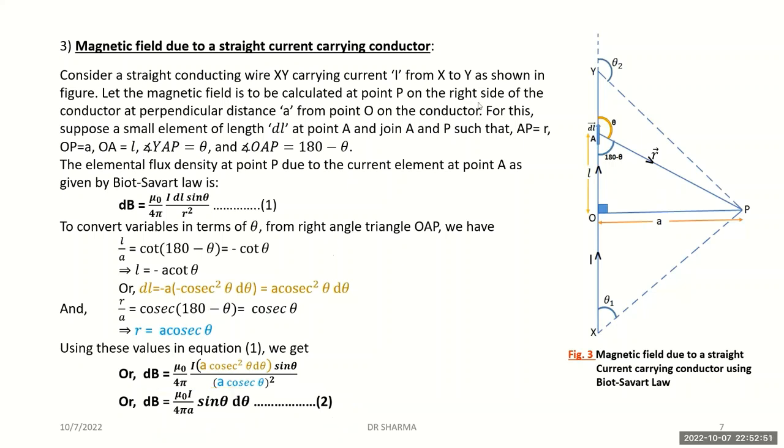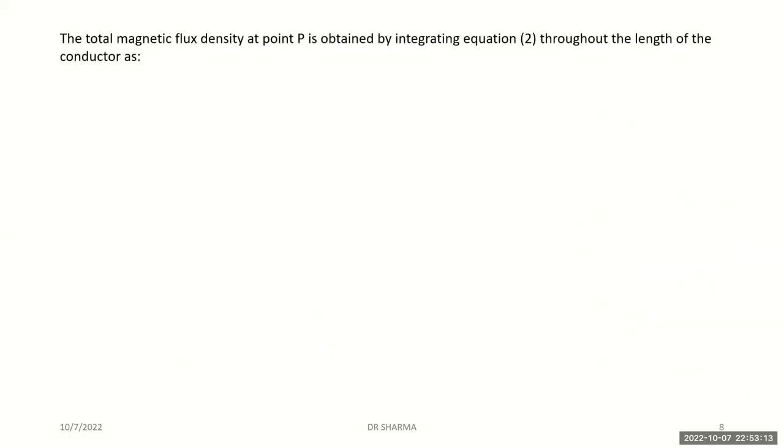Now remember again that you will get the total magnetic field at point P due to this whole wire by integrating equation 2 throughout the length of the wire in angular limits from theta 1 to theta 2. That means you are going to integrate that equation.